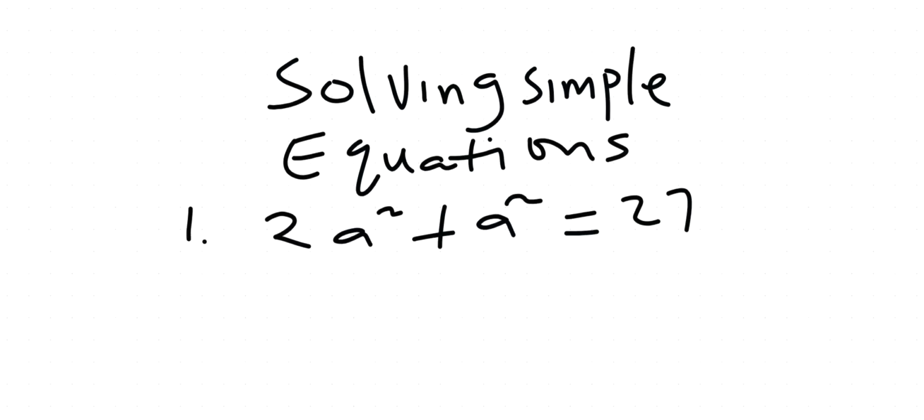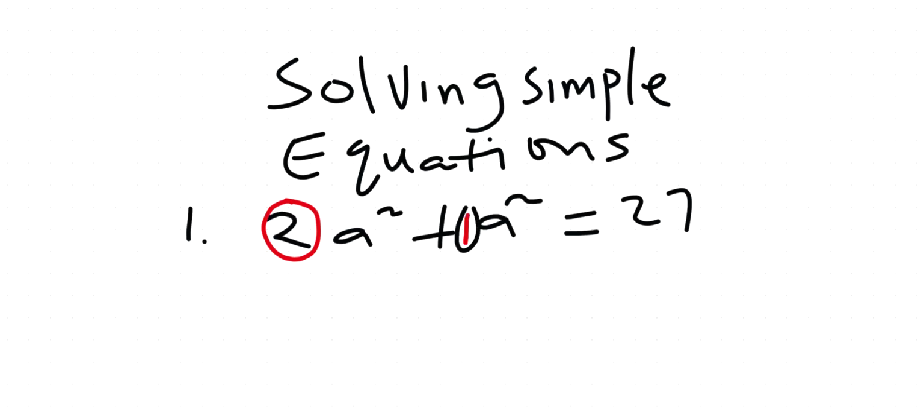What is the coefficient of a squared here? It is 2. What is the coefficient of a squared here? It is 1. That one is invisible, add it together with this. In mathematics, most times we don't write the coefficient of 1a there.